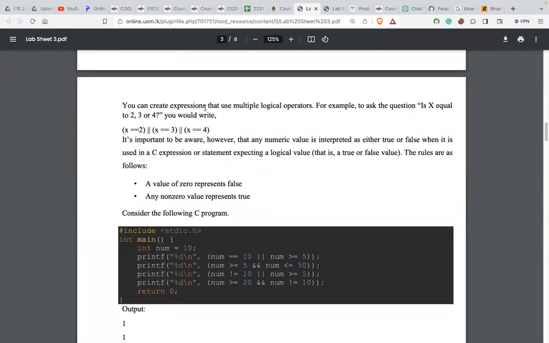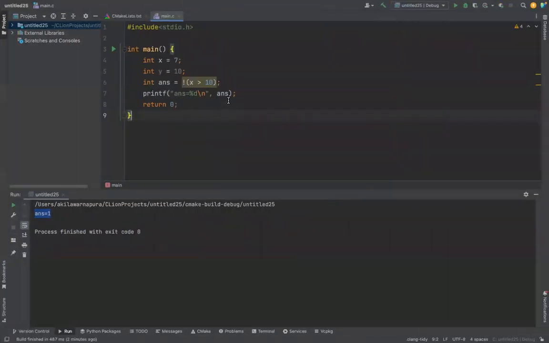Okay, you can create expressions that use multiple logical operators. For an example, you can ask the question x equal to 2, 3 or 4. Then you can put the condition as x equal to 2, or equal to 3, or equal to 4. Okay, then you can get the answer.